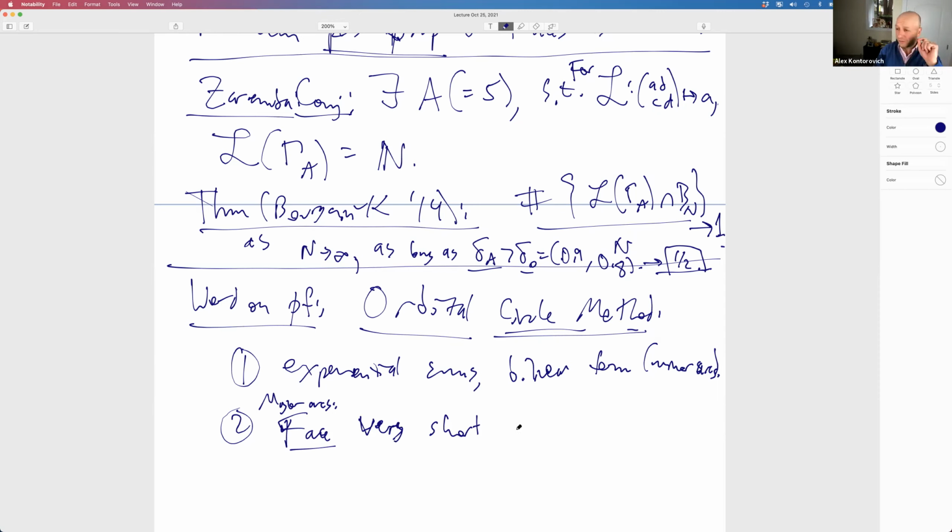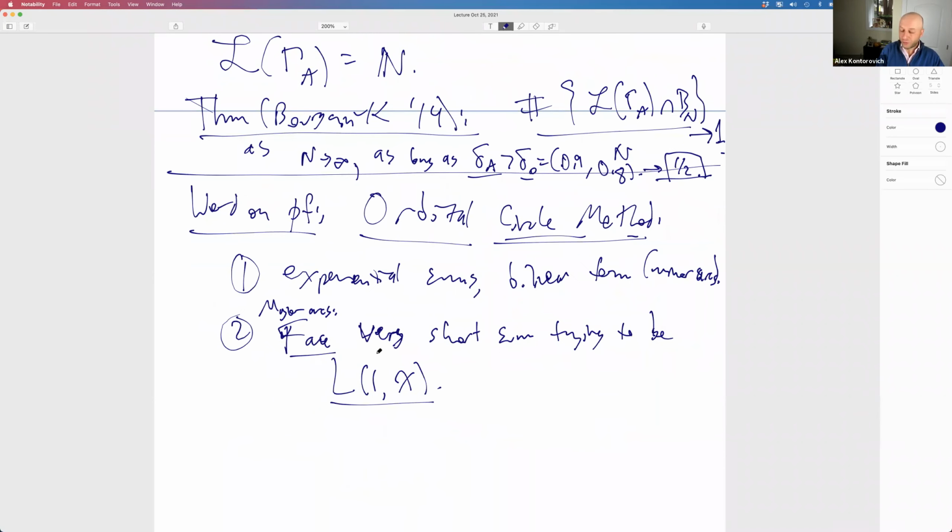Here it's a very short sum of something that's not absolutely convergent. It's a very short sum that's trying to be an L-function at 1 of some quadratic character. And L-functions at 1, you can approximate by very short sums under GRH. I didn't say anything about assuming the Riemann hypothesis; the theorem was unconditional.